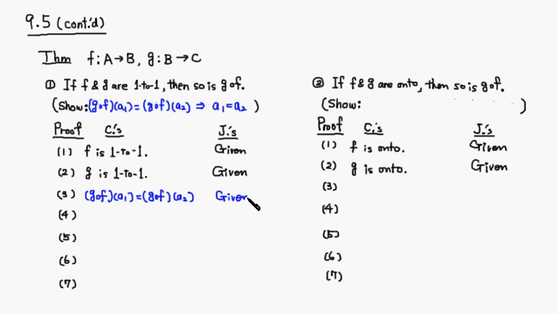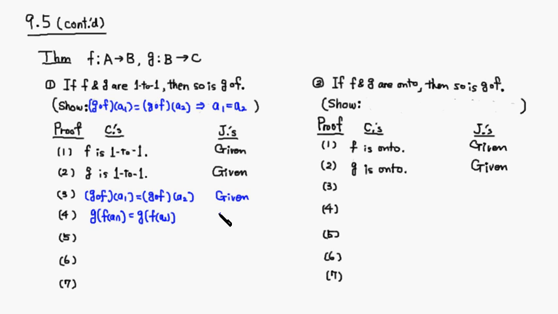Then our goal is to show that at the end, a1 is equal to a2. By definition, we can write g of f of a1, in this notation, and it is equal to g of f of a2.